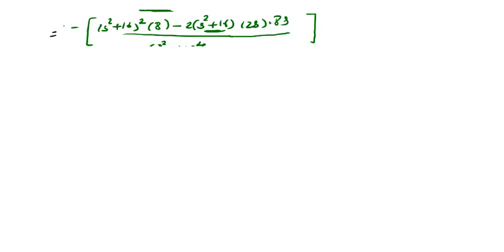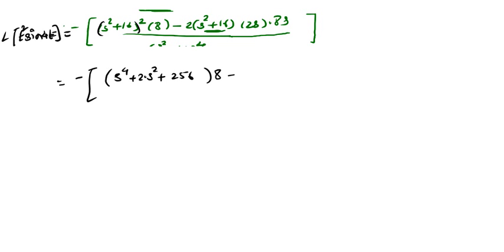This is the Laplace of t square sine 4t, minus of 8 into s square plus 16 whole square. So this will be s to the power 4 plus 2 into s square plus 16 square, that is 256, into this 8, minus this 2, this 2 and this 8. So that will be 32s into s square plus 16.